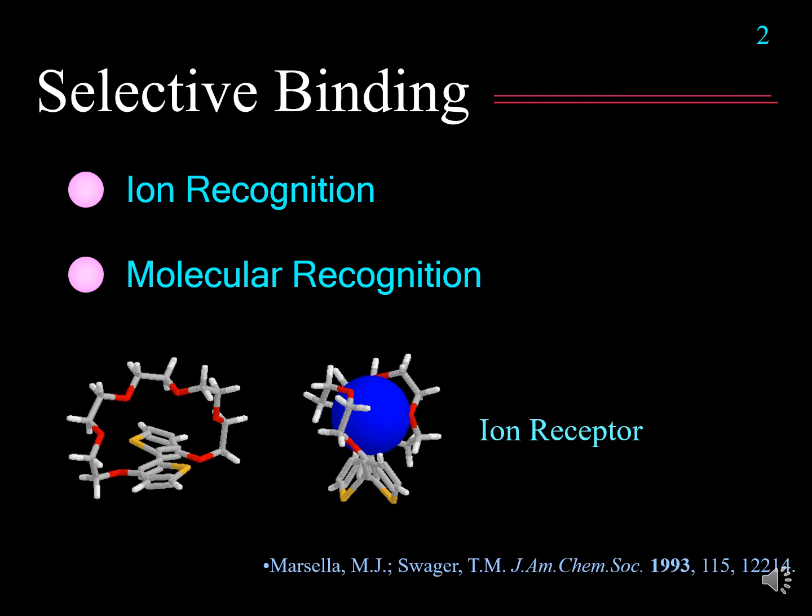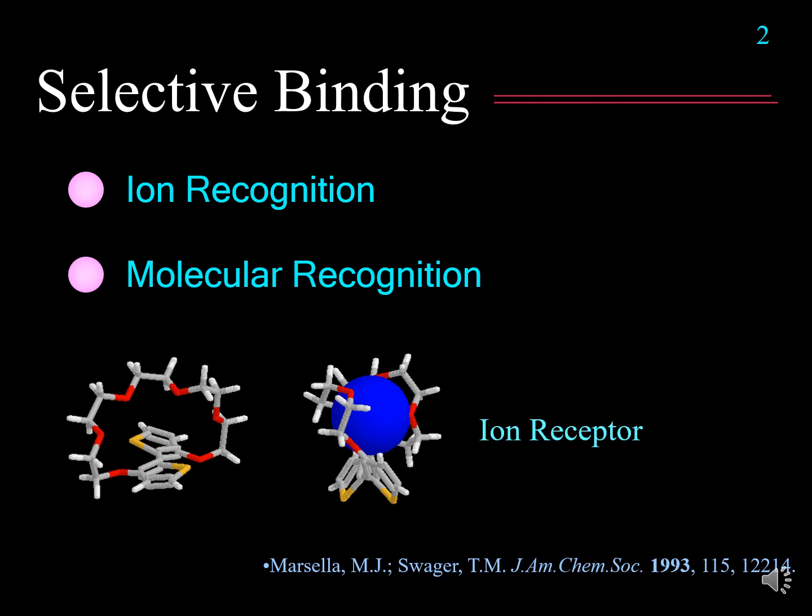Linked between these are two units of thiophene. The potassium ion, which is positively charged, can have interactions with the negative pockets of the oxygen-rich ring here. As a result, we have binding between the potassium ion and the crown ether ring.